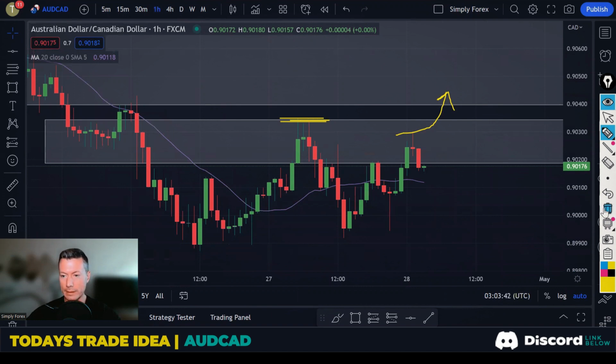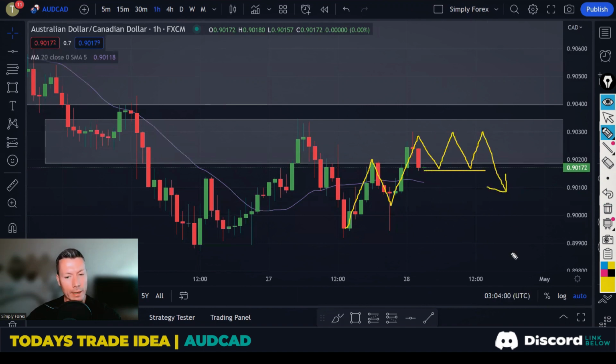But if we get a bearish reaction in here, which we have currently, but it's against H1 trend at the moment, I might want to see something like this, and then we get a break. Or keep an eye on the H4 chart.